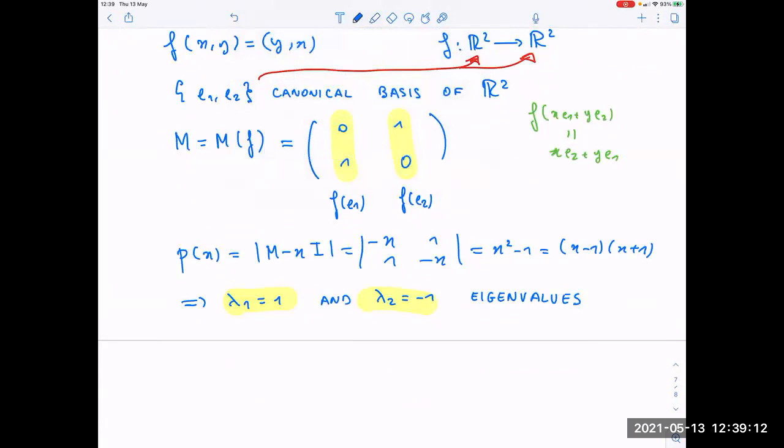So let's see that since lambda 1 is different from lambda 2, it means that f is simple. So say f is a simple endomorphism, or f is simple, because the associated matrix is diagonalizable, right?